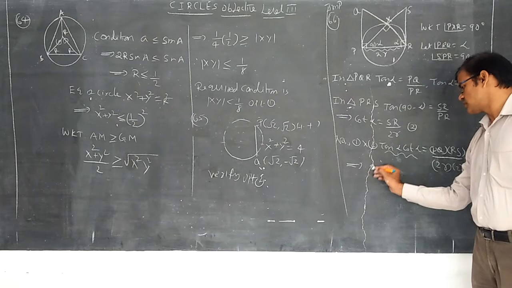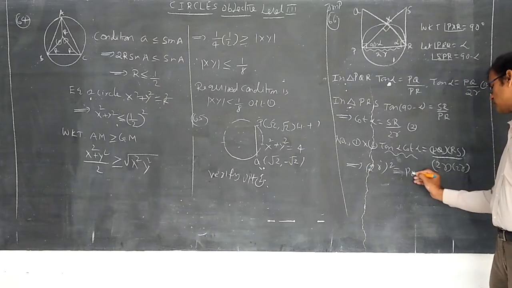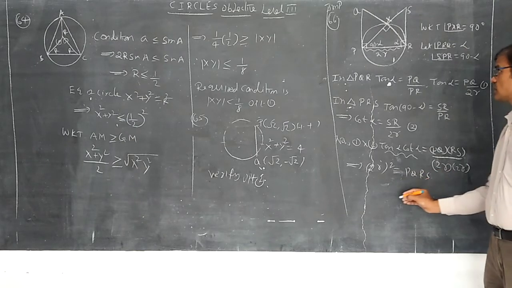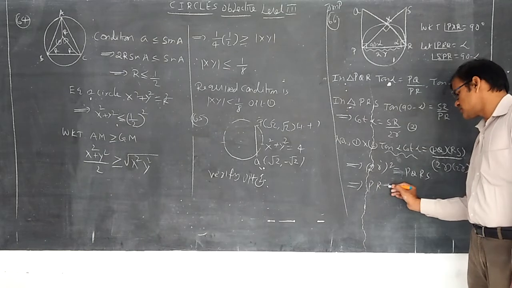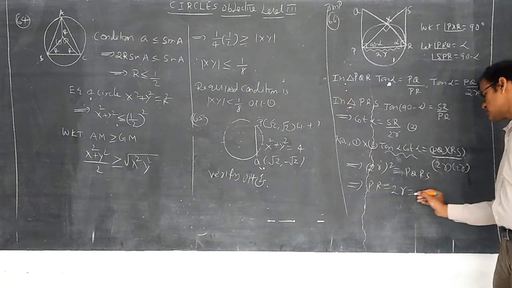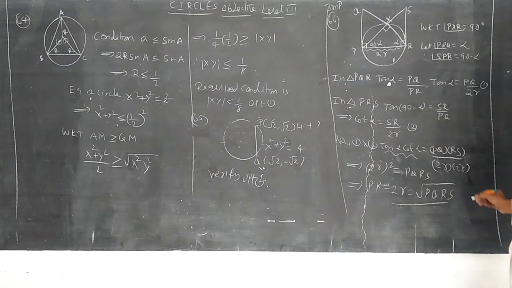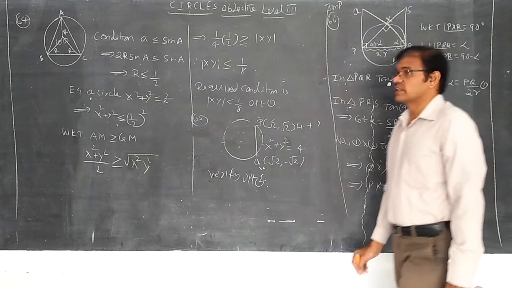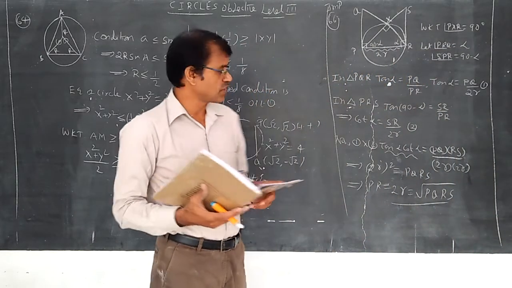Then you can write 2R whole square is equal to PQ into RS. That implies PR is equal to 2R is equal to root of PQ into RS. This is the relation between the lengths of tangents and the diameter.